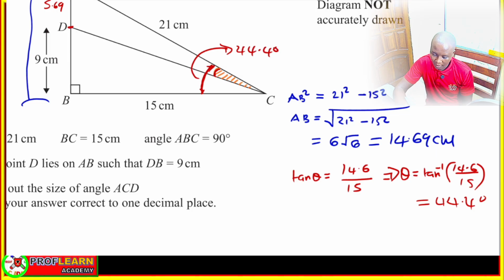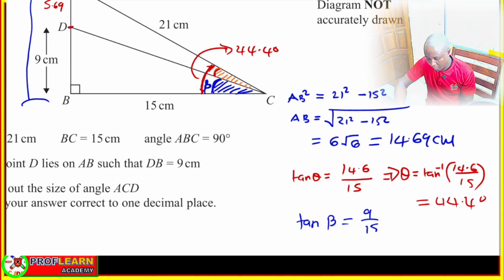Now, once I've gotten that angle, the next thing I'll do is to find this angle down here. For me to find that angle, it will be opposite over adjacent. I'll call this angle beta. So tan beta is opposite, which is 9, over 15.